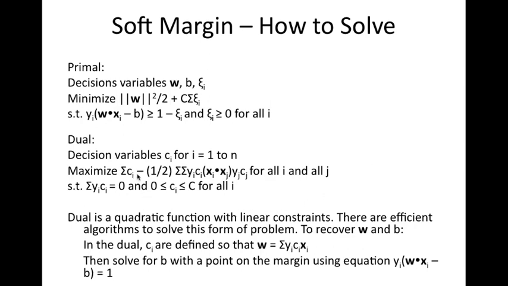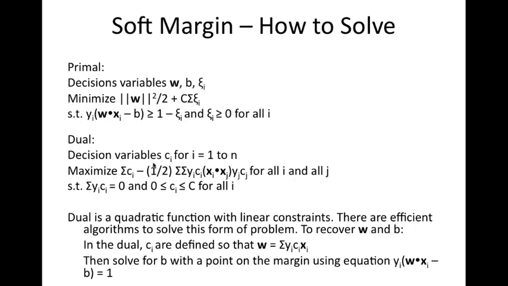But we'll note that what you end up with is that the decision variables are c sub i for i from 1 to n. You're maximizing the sum of c sub i minus 1/2 times the double sum of y sub i times c sub i times x i dot x j times y j times c j, for all i and all j.